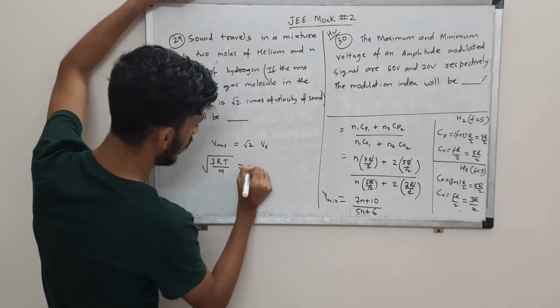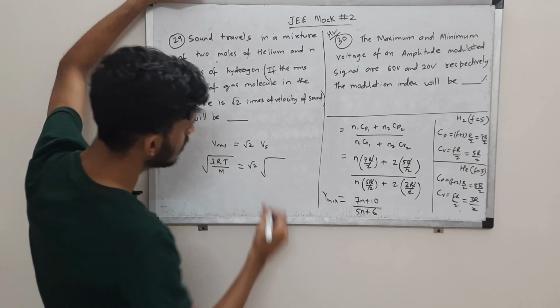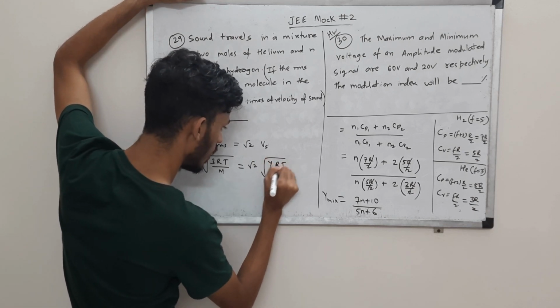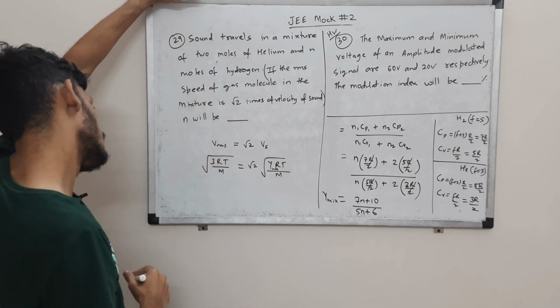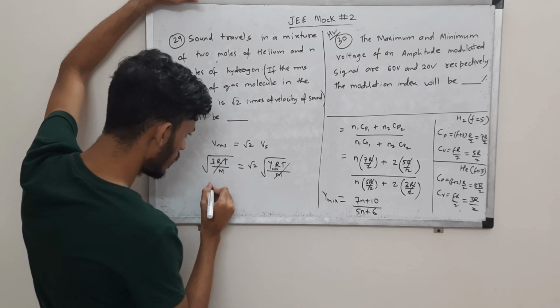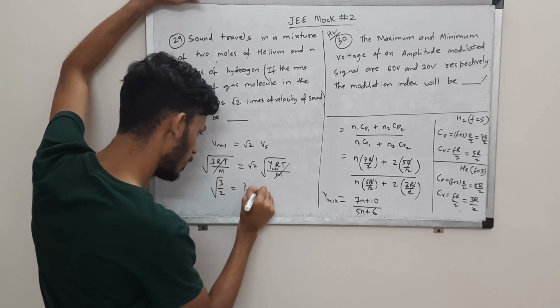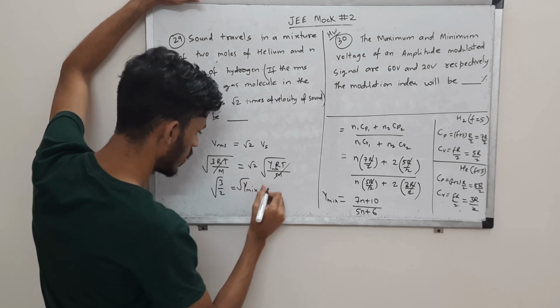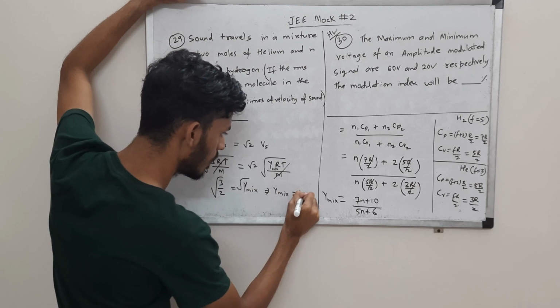This is the formula for RMS velocity, and velocity of sound is under root gamma RT by m, right? Here gamma is the gamma of the mixture. So we can cancel RT by m, right? So when you square it, gamma of the mixture is 3 by 2.